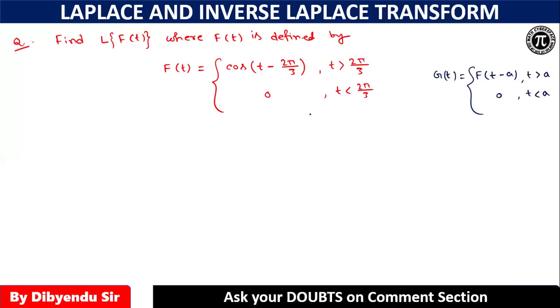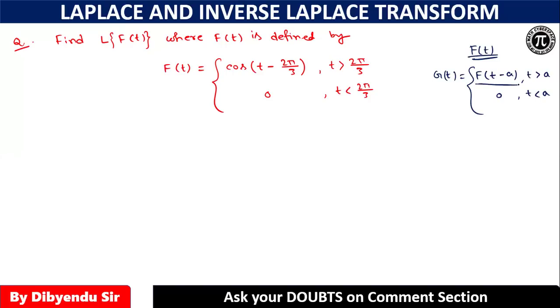Here it is represented by capital F of t. Clear? So tell me, what is the original function? According to the definition, the original function means f of t.